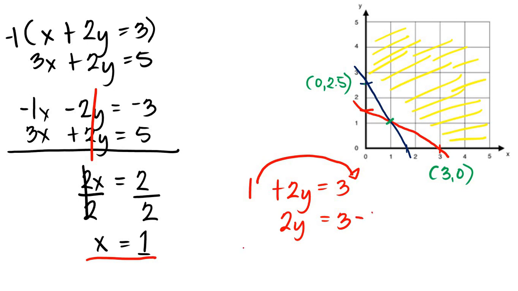That would be negative 1. And then 2y is equal to 3 minus 1, that would be 2. Again, divide both sides by 2 to get the value of y. So the value of our y is 1.